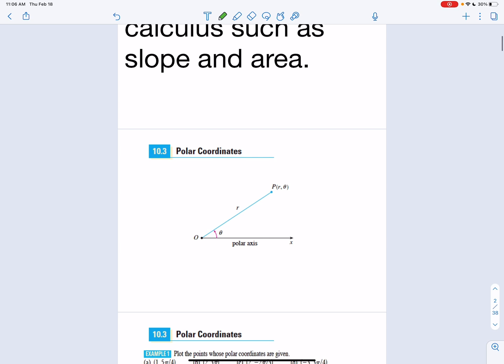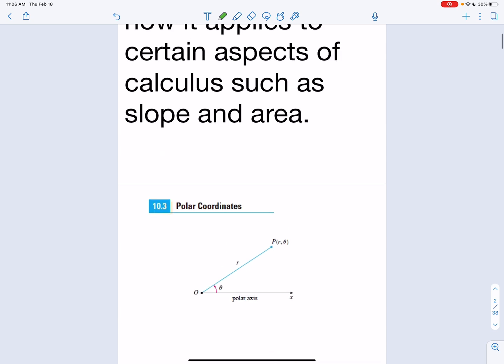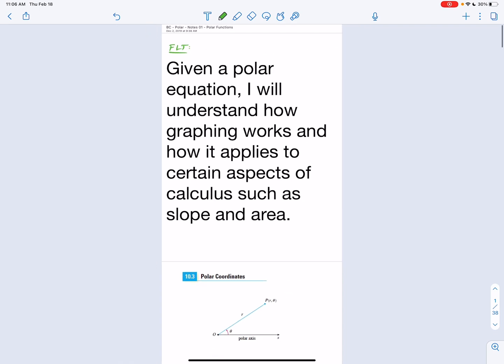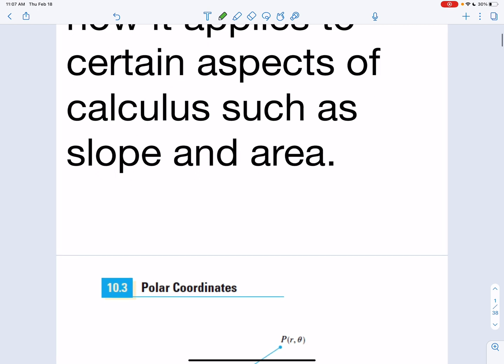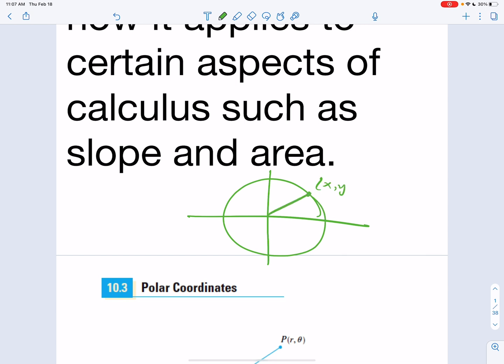So you guys have actually been dealing with polar equations before. It is another form of a parametric equation where you have different variables dependent on another one. So, for instance, when you were dealing with the unit circle a long time ago, your x and y coordinates represented the trig ratios to angles, right?